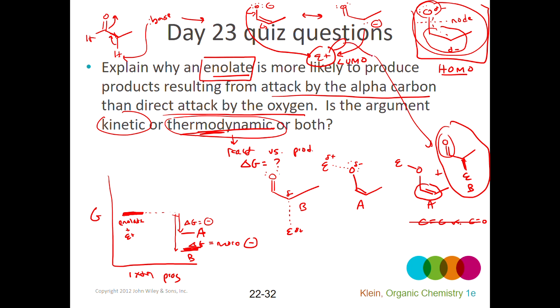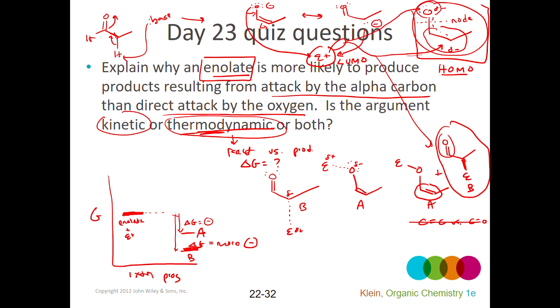So in order for the electrophile to come in, it has to come in and overlap its orbital with this molecular orbital. It can overlap here and start to make product B through pathway B, or it can overlap up here and start to make product A through pathway A. There's more effective overlap when it comes in to the carbon though.